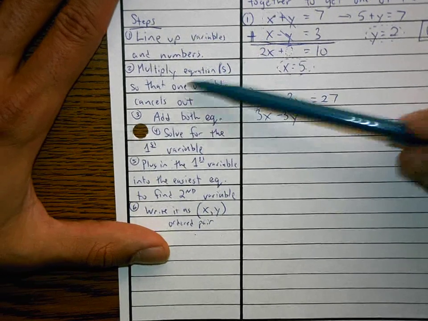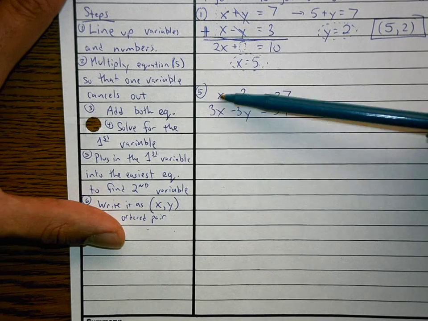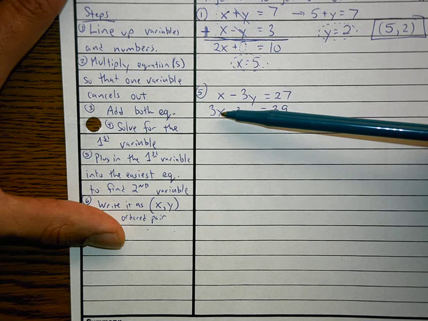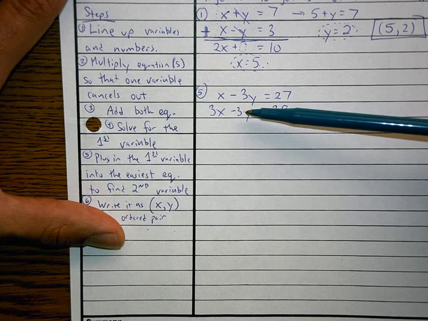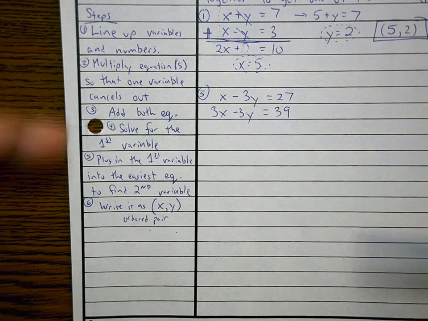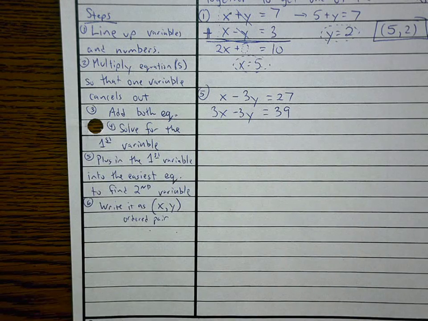Multiply equations so that one variable cancels out. Let's look. If I were to add these together, does a variable cancel out for the x's? Now, if I add these together, will the variables cancel out for the y's? No. And so if I add them together right now, something doesn't eliminate. They do not go away.